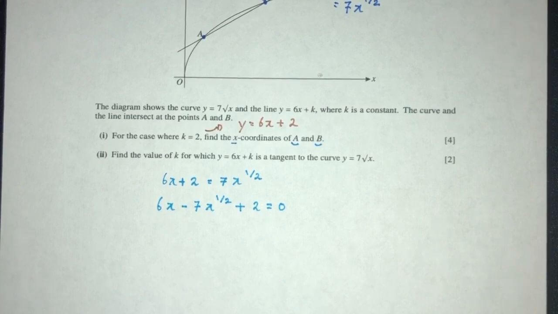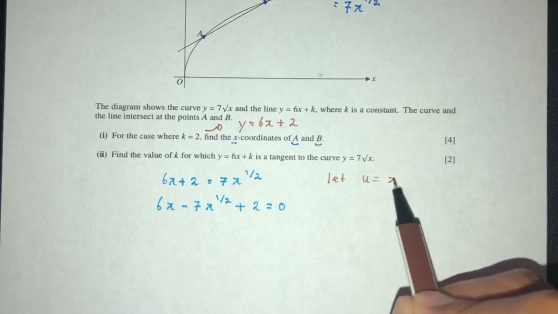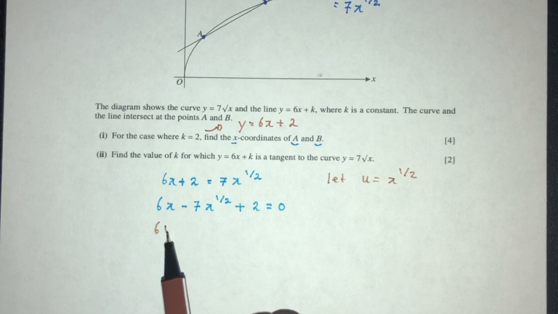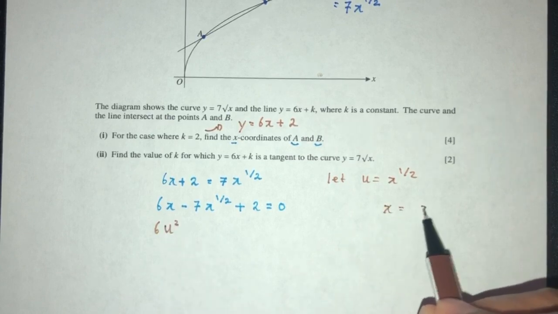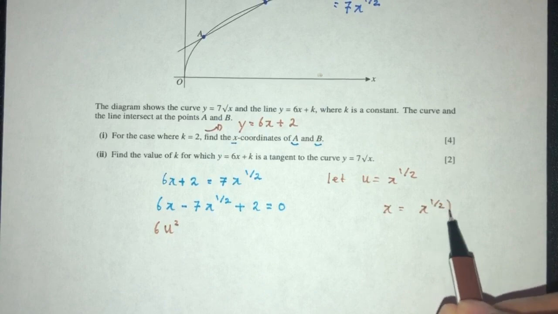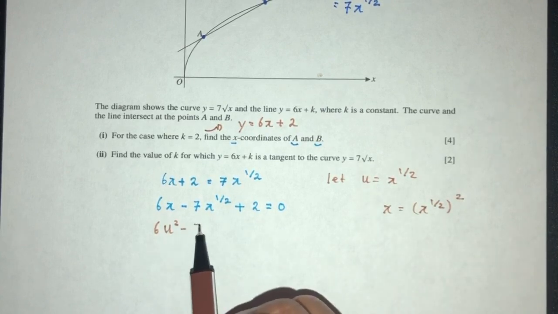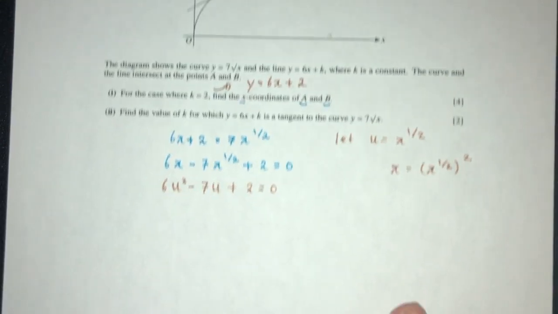So if you're not too sure, we can do something. Let's try to let u is equal to x power half. That should be 6u squared, because we understand that x is x power half square, right? Because of that, that can be u squared. Minus 7u plus 2 is 0.